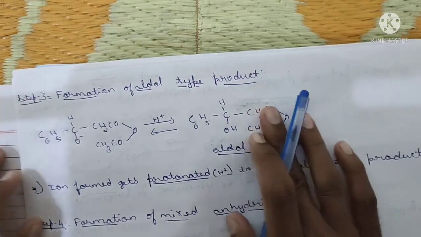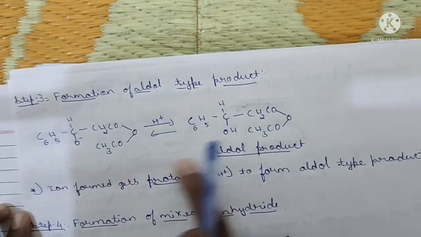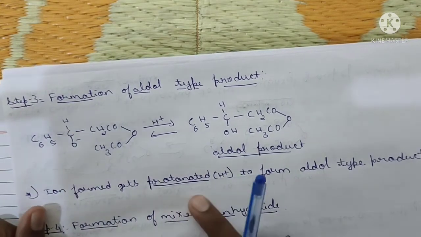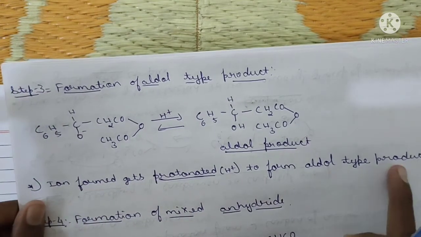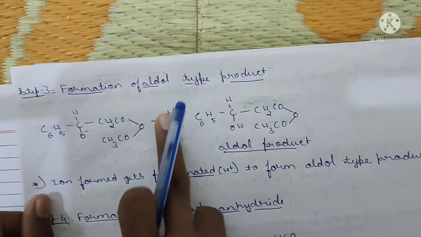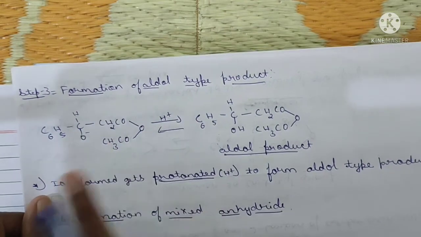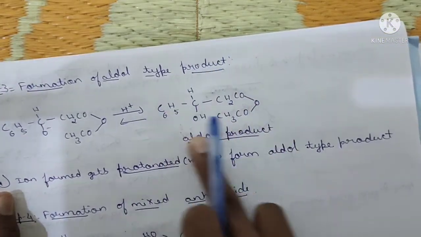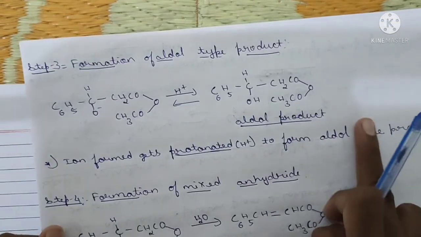The O minus receives the H plus and forms OH. This is the protonated aldol product. Got it? Yes, this is the simple third step.